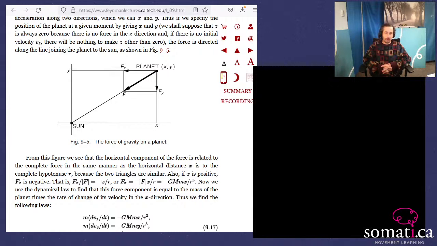So the magnitude of that force is given by Newton's law. There's a little bit of stuff here I'm going to try to actually wrap my head around properly, because often when I see Newton's law of gravitation in vector form, I get confused by the r cubed in the denominator because it's an inverse square law.